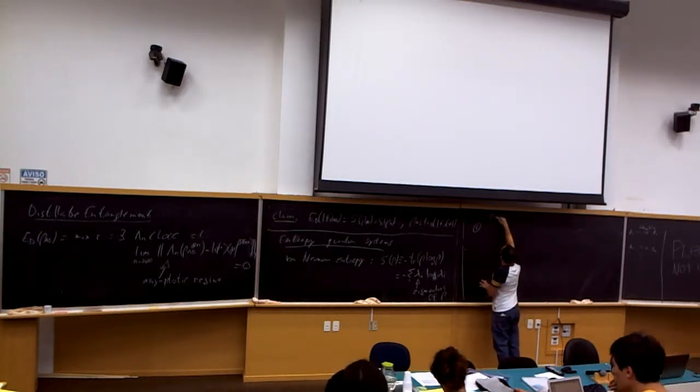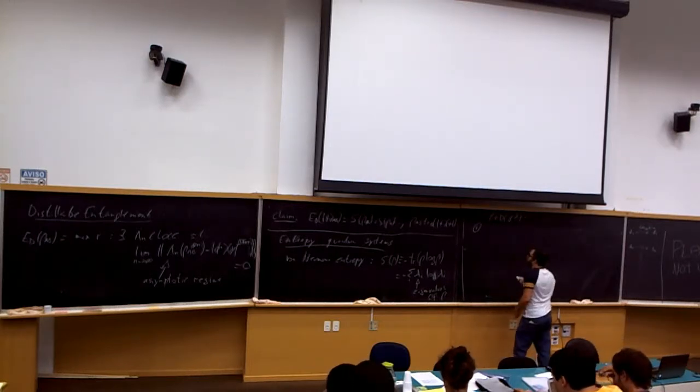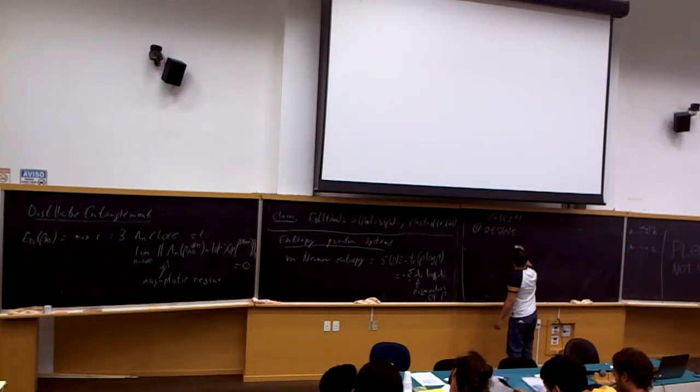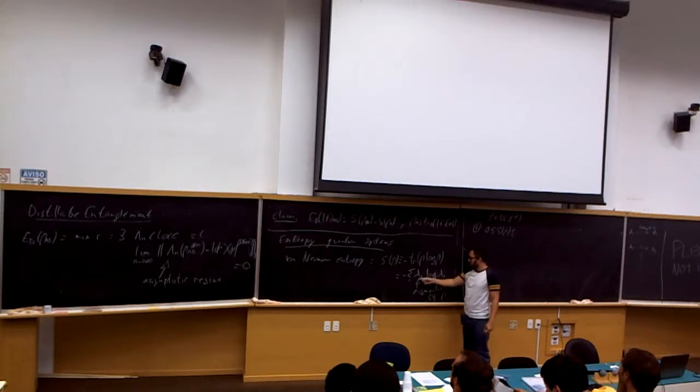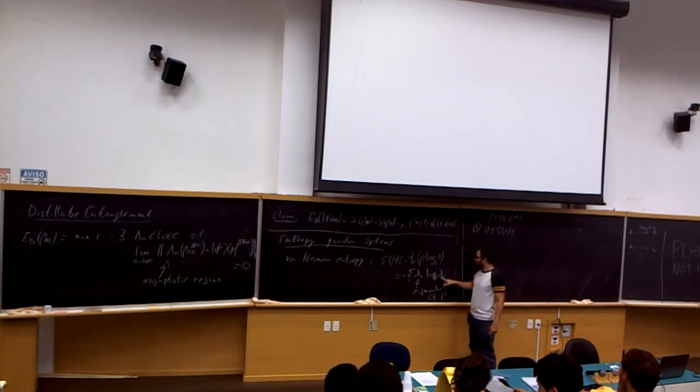Let rho be a density matrix on a d-dimensional vector space. Then the entropy is always bigger than or equal to 0, just because the function minus lambda log lambda is always non-negative: lambda is always smaller than 1, so minus log lambda is always bigger than 0.